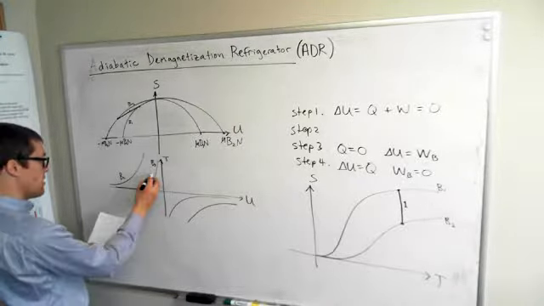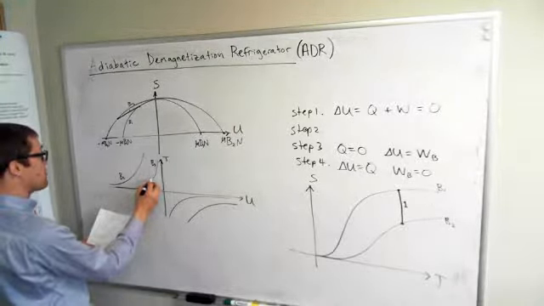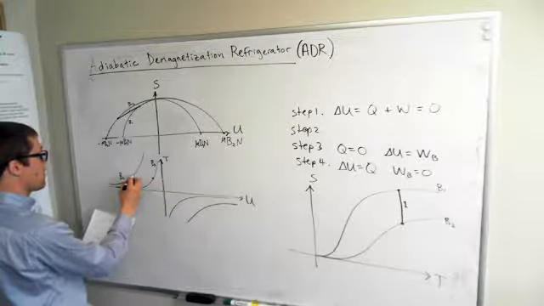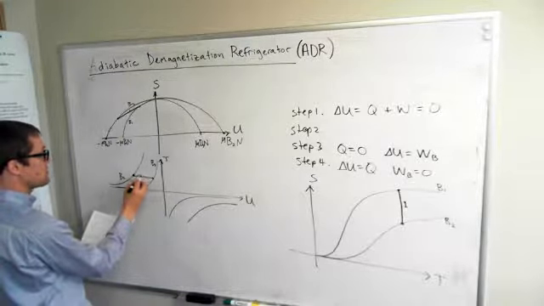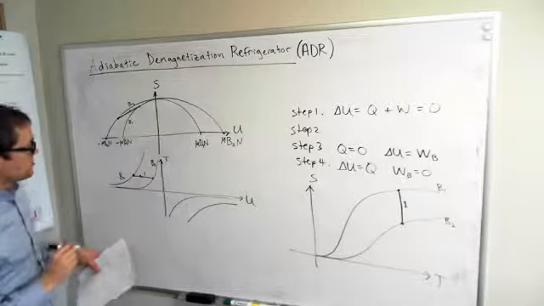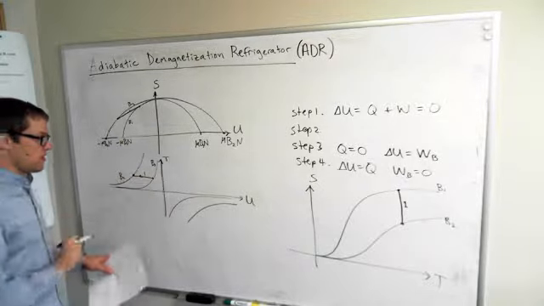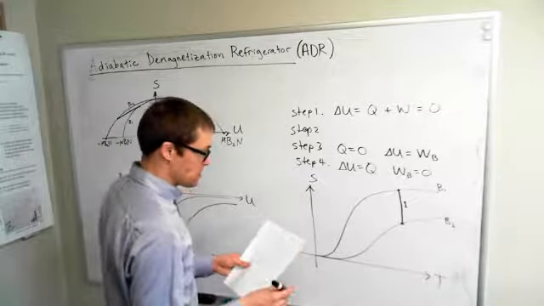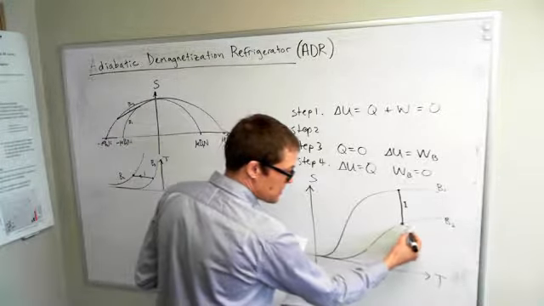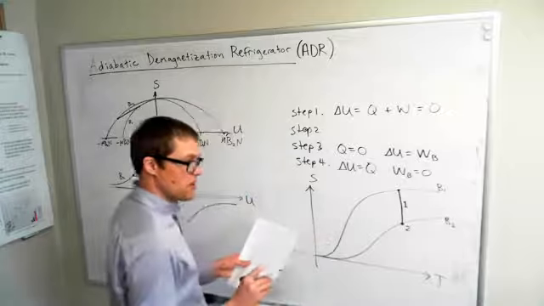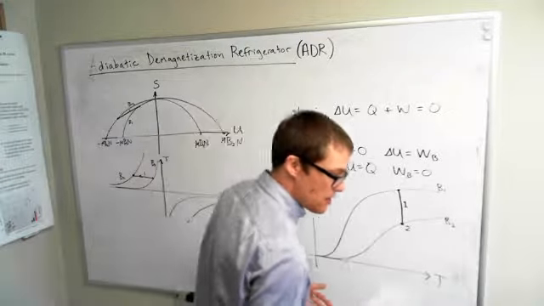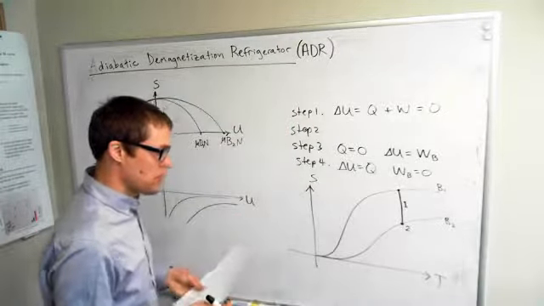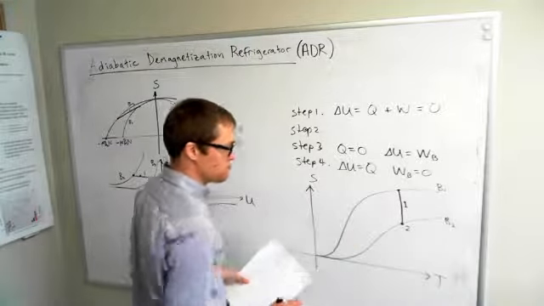And similarly here, if we draw a point, step 1 is here. Fixed temperature, changing the energy. Okay, so now what happens? Step 2, I guess, is sitting right here. We detach from the heat sink.